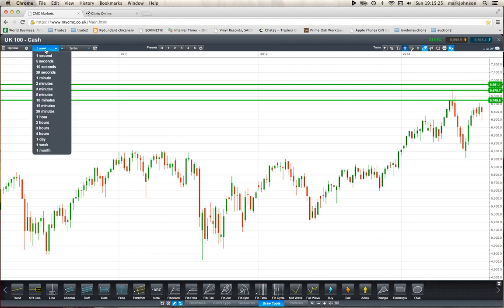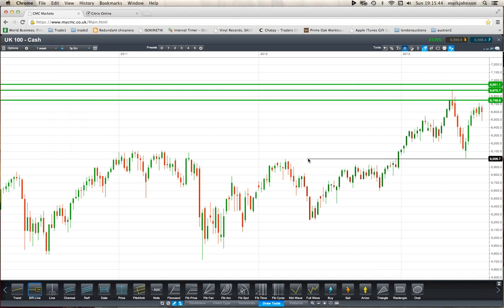I'm not really that bothered at the moment. We're in this kind of range here, so I'm looking at support and resistance in these areas. If it goes under 6,000 next week, then we can revisit these areas. So I'll just put these in quickly.